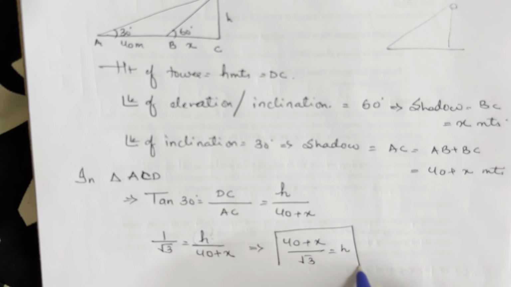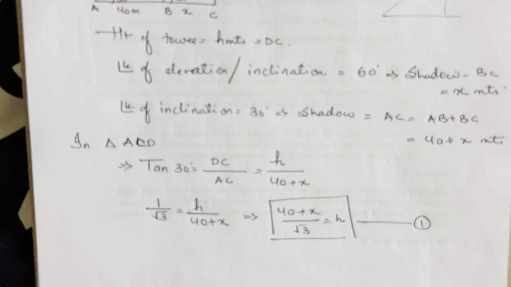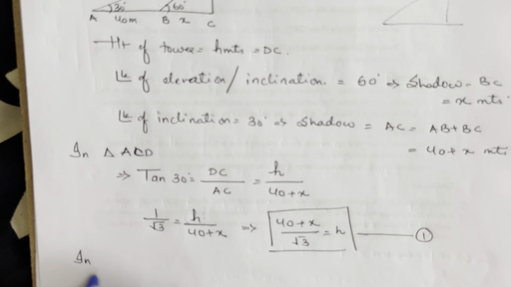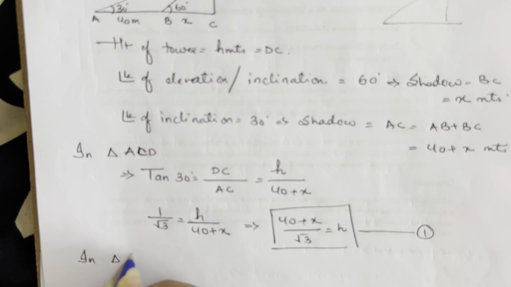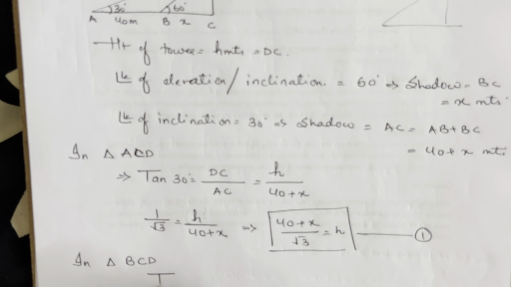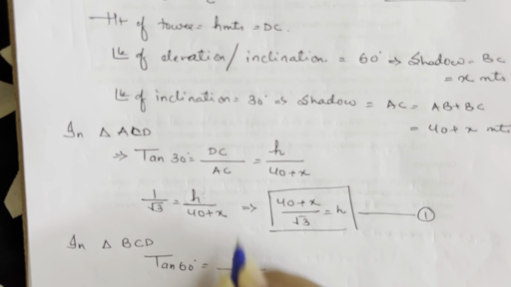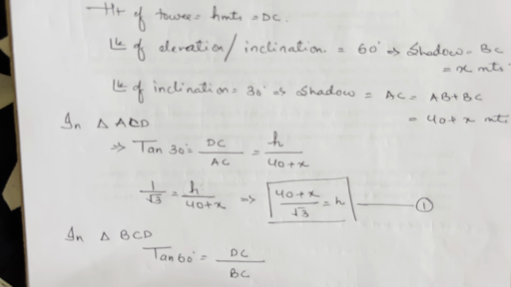Because there are two unknowns, let this be equation 1. Then I will go with triangle BCD. Now I'm taking the smaller triangle. Tan of 60 degrees is equal to DC upon BC.